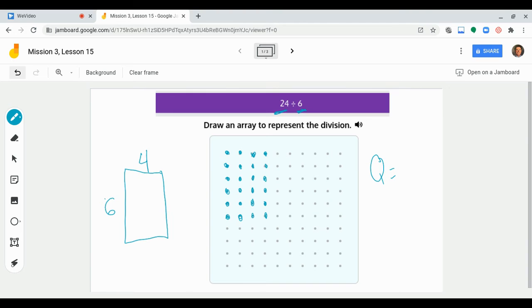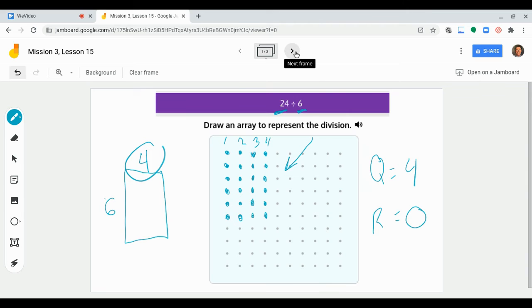The quotient is how many groups we had: 1, 2, 3, 4. 4 groups. And my remainder: did I have any left over that aren't in that group of 6? Nope. I have a 0 remainder. I was able to divide those 24 evenly into 4 groups of 6.